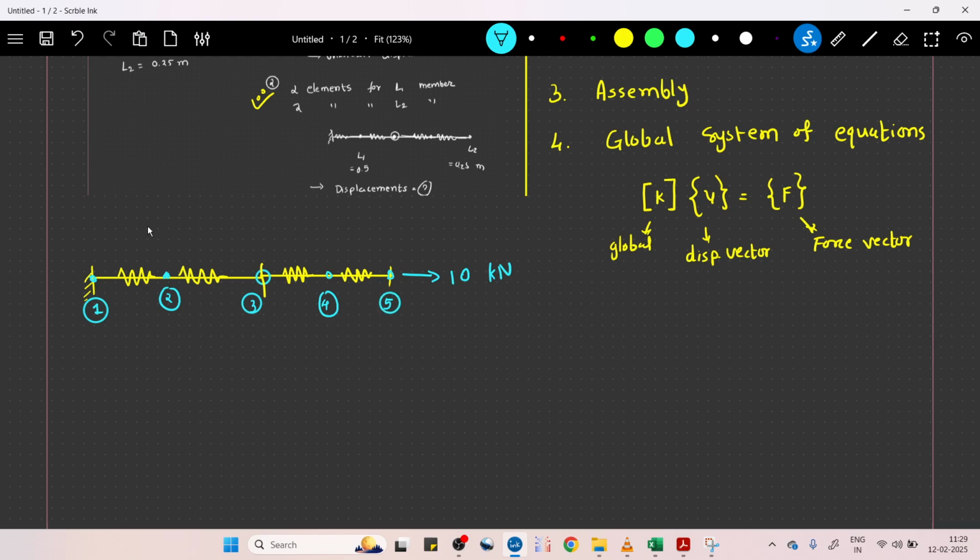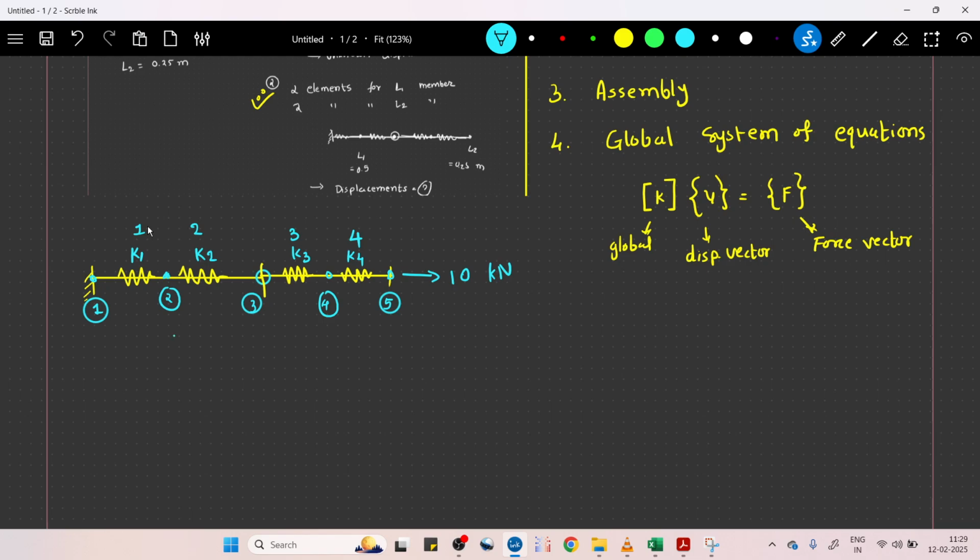The stiffness for these elements, element number 1, 2, 3, and 4, so 4 elements and 5 nodes, is k1, k2, k3, and k4.